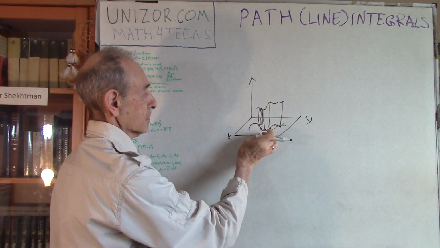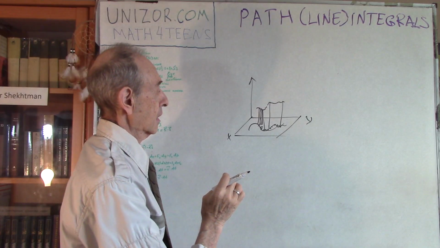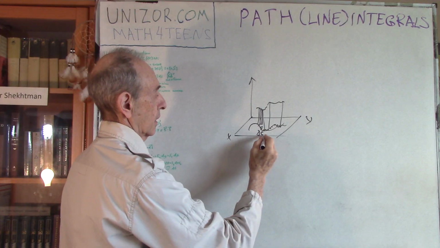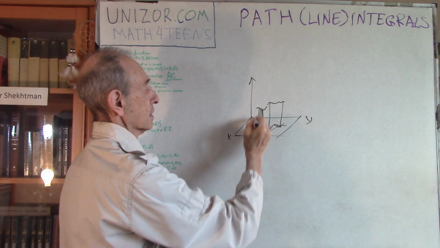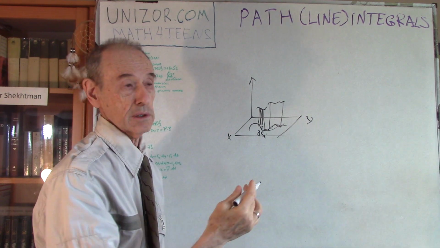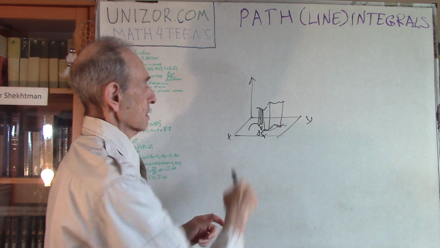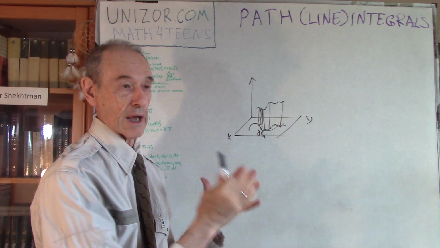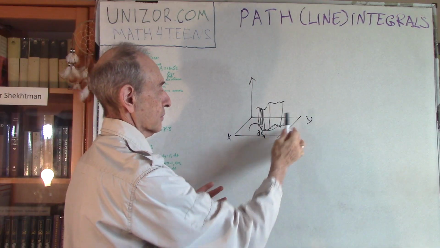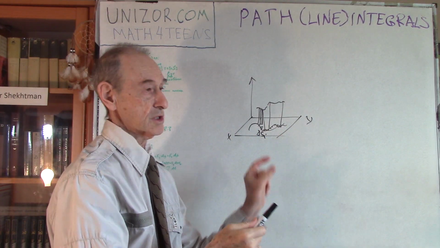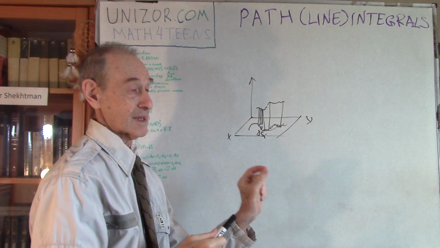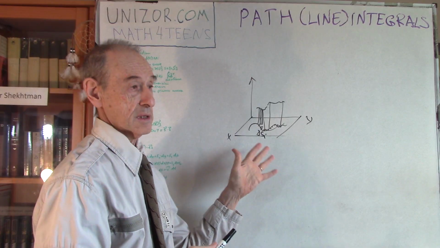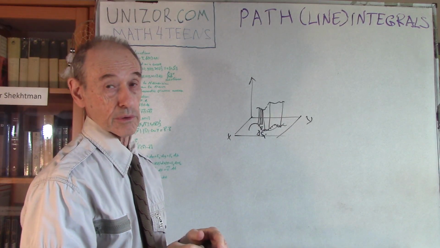But still, when these little intervals, which we can call delta s, let's say, are really small, we can consider it as almost a rectangle. And obviously, if the curve is smooth enough and the function is smooth enough, when the number of these intervals go to infinity and each one of them is infinitesimally small, then we can consider it in exactly the same fashion as we did with regular integrals.